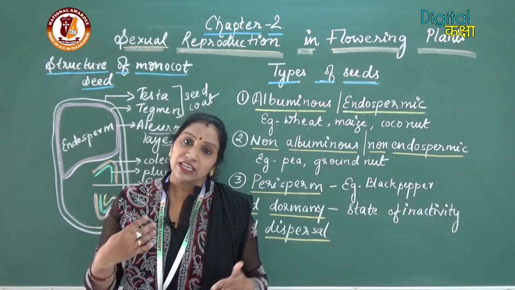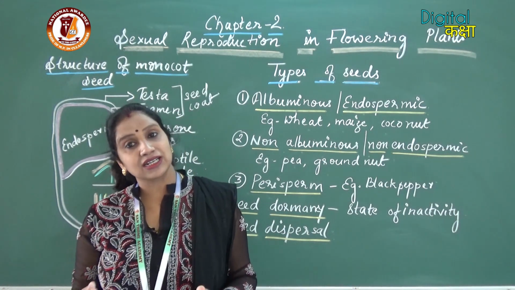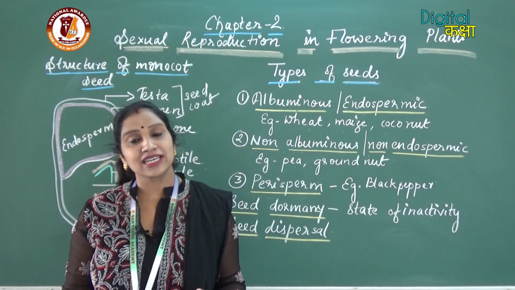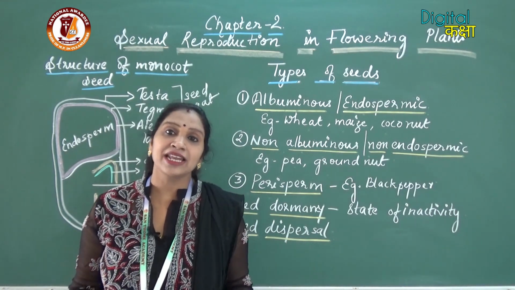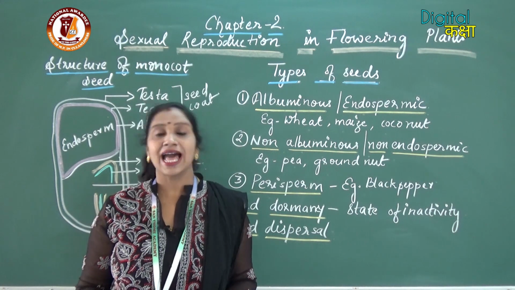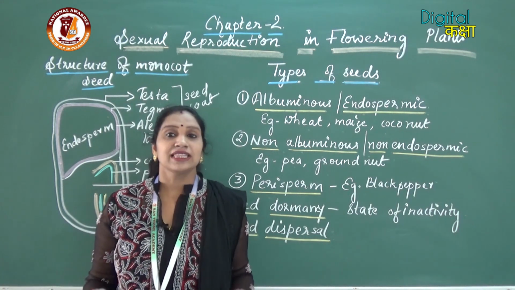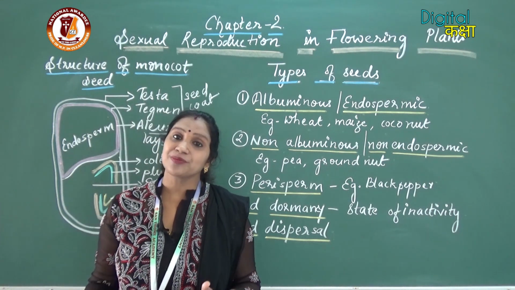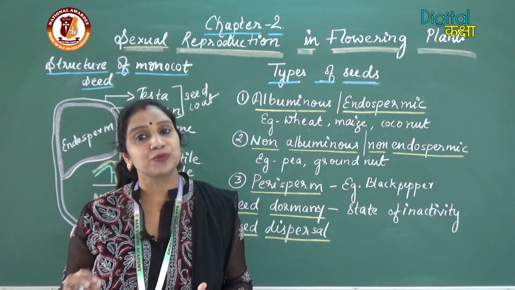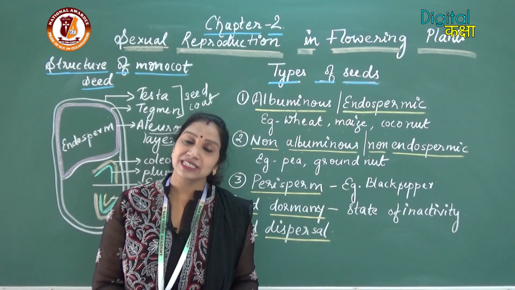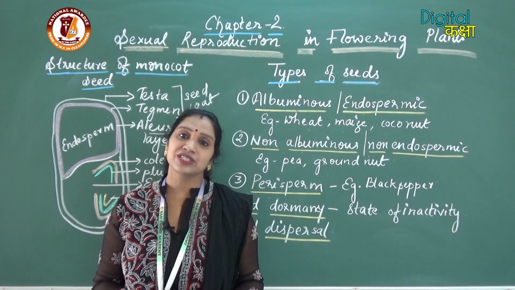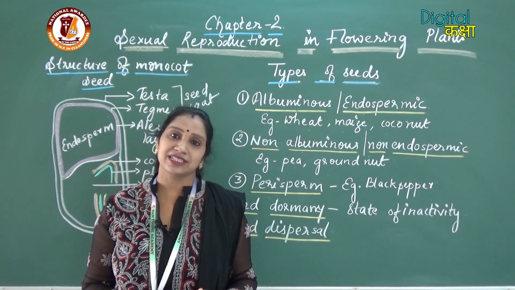So if the dispersal of seeds occurs by any abiotic agent or by any biotic agent, the seeds are carried to long distances, and wherever they fall, if the conditions are favorable, they will germinate and form a new plant. So biotic agents as well as abiotic agents help in the process of seed dispersal.